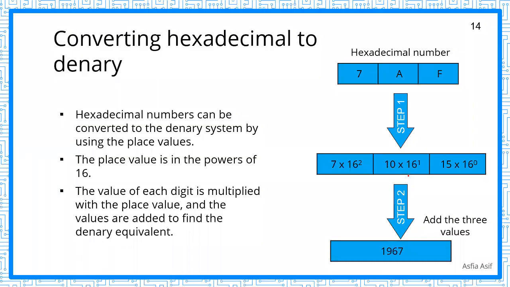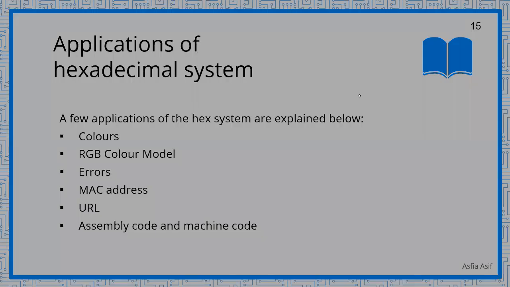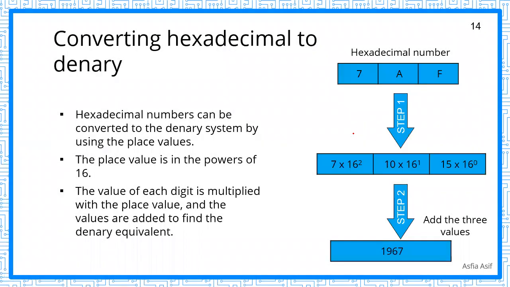Converting the hexadecimal to decimal or the denary numbers, as it is base 16, so 16 power 0, 16 power 1, and 16 power 2. When you do the multiplication, 15 plus 160 plus, what will this come to? 176.